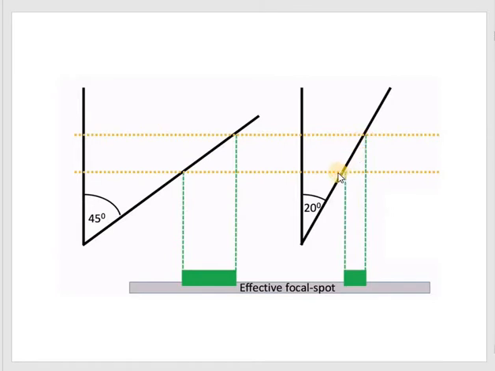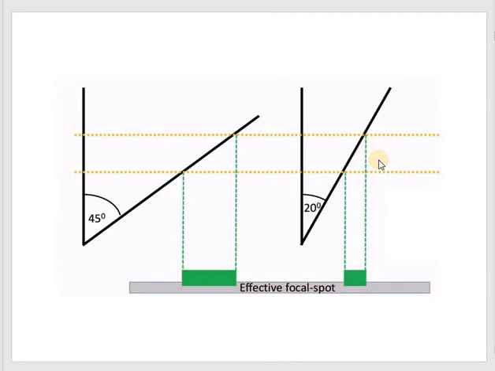The focal track is the portion of the anode that the bombarding electron beam strikes. Focal track, portion of the anode that the electrons bombard. On a rotating anode, this is actually a circular path. So that is a focal track.